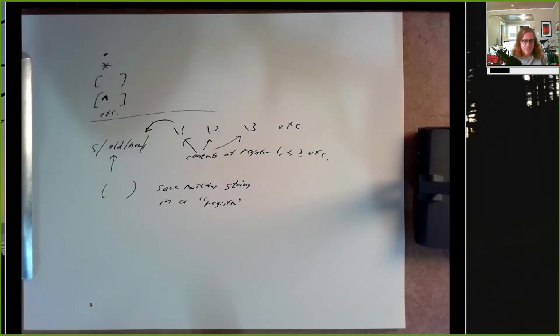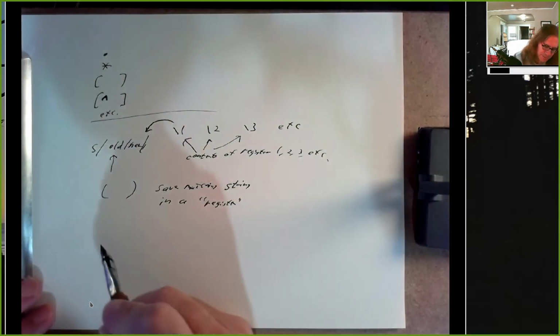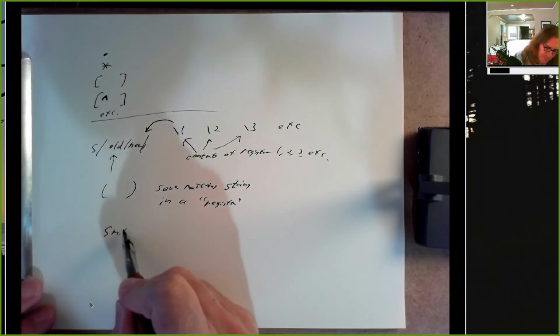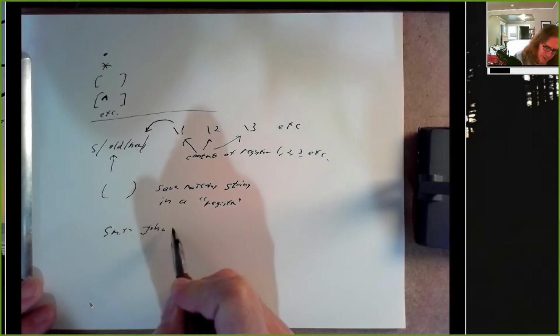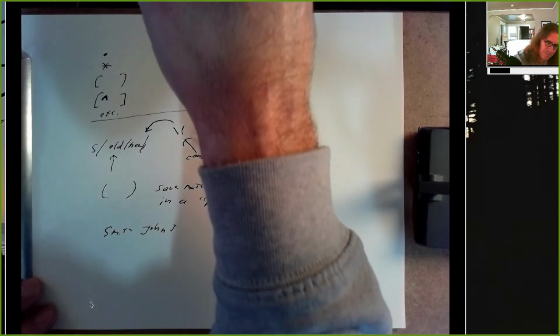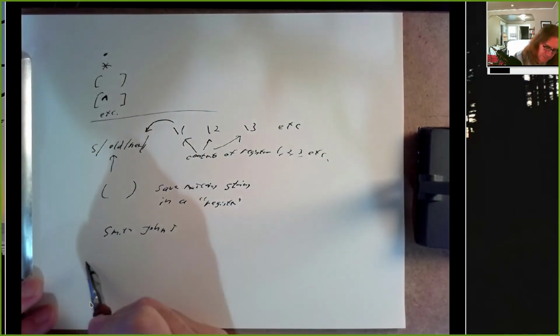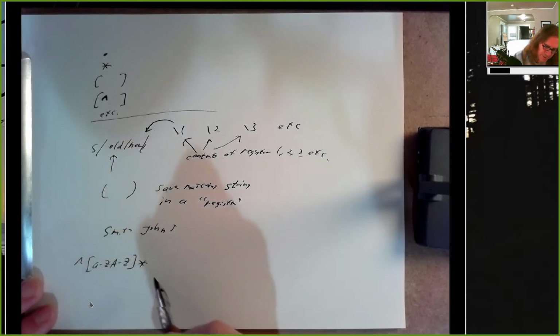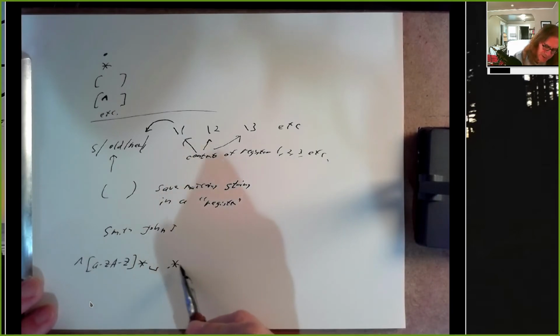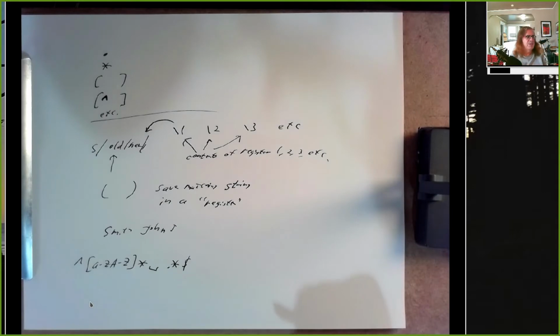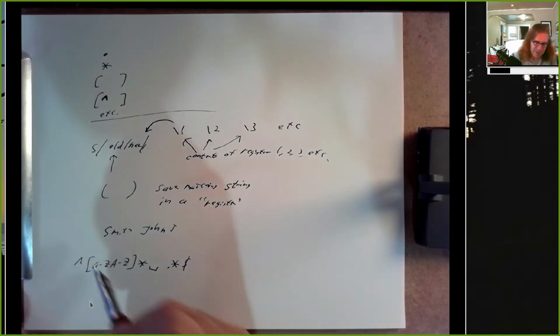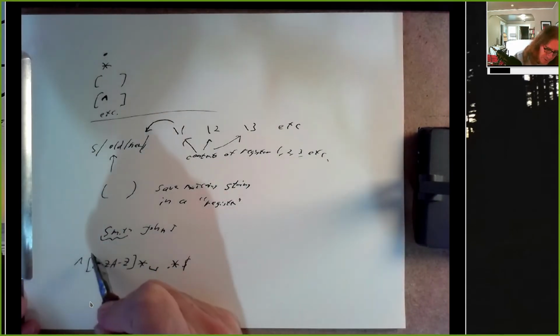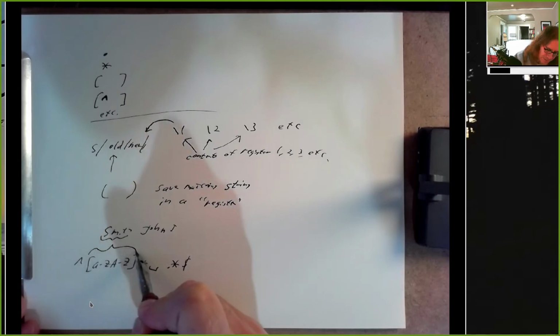So what I'm doing right now is, Smith, John J. And I'm matching beginning of line, any number of those things followed by a space, followed by any succession of characters, followed by the end of the string. So Smith is going to match this.